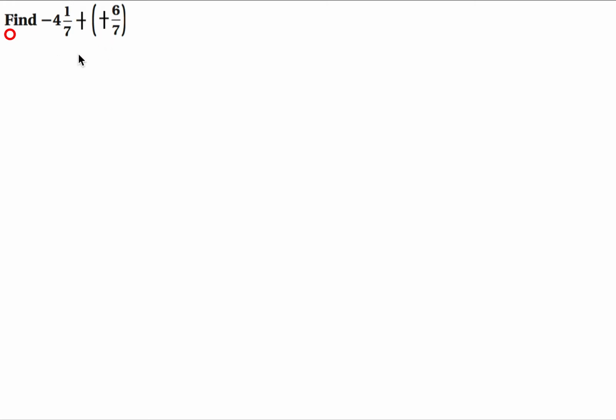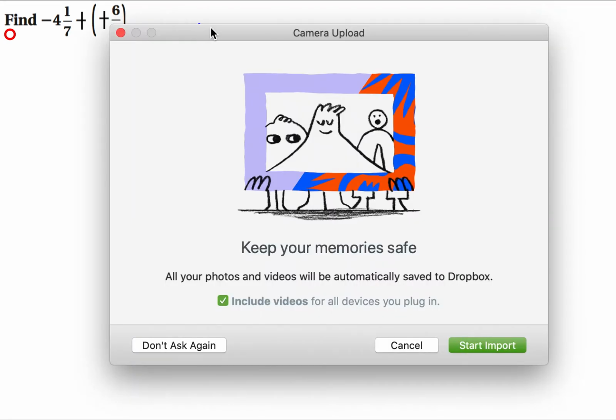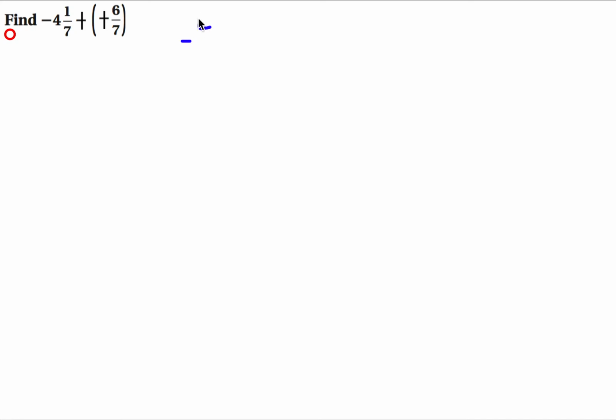We're going to want to take 4 1/7 and subtract from it the 6/7, and then report the answer as negative. So, negative 4 1/7. Excuse me here, I am having difficulty with my computer. Okay, try that again. Negative 4 1/7.